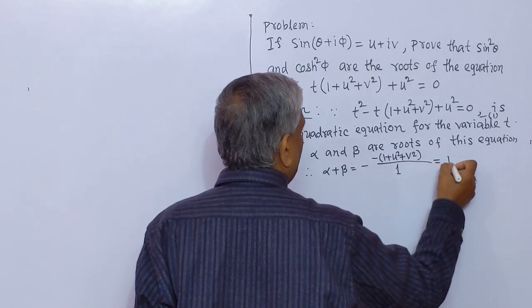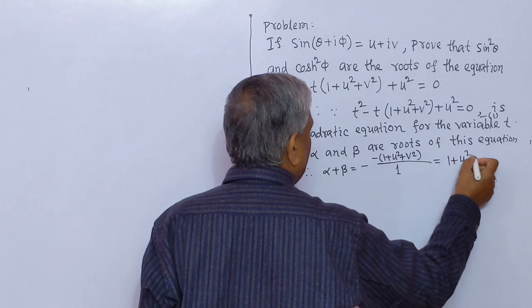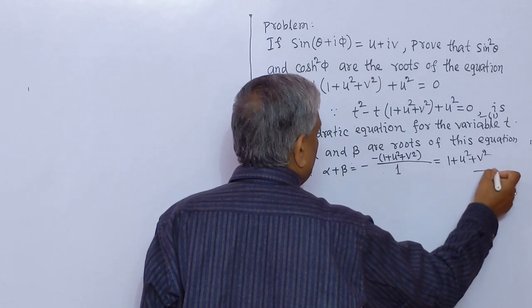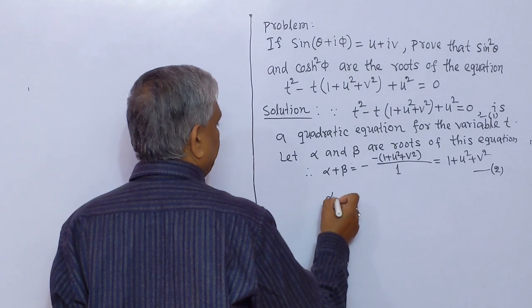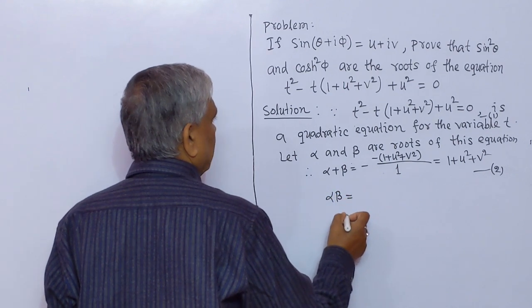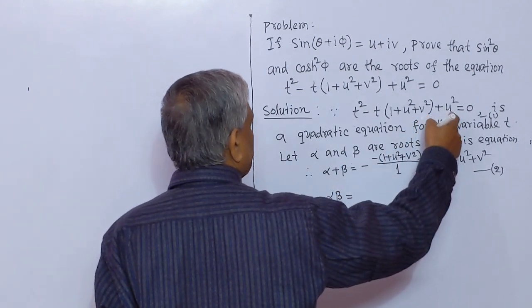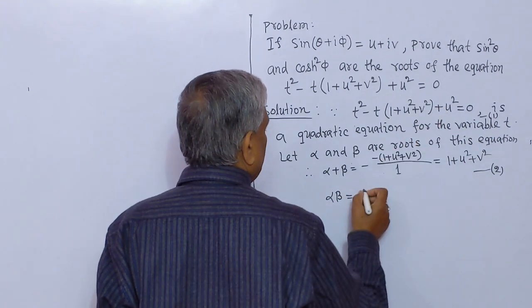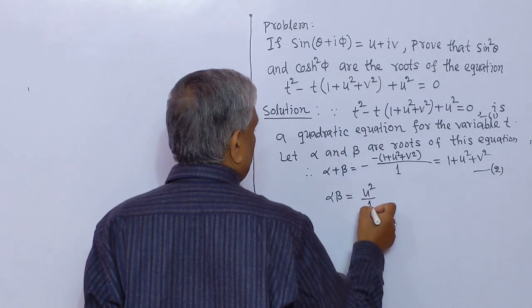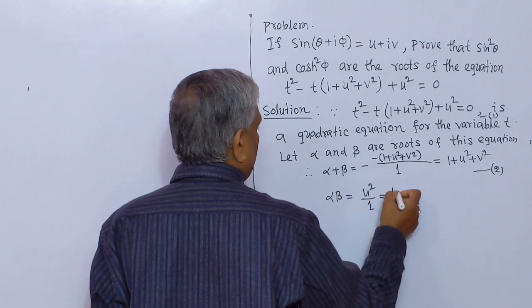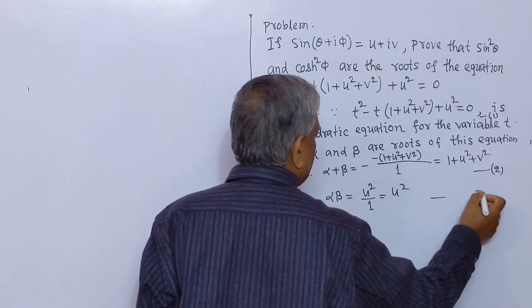So this is 1 plus u squared plus v squared. This is number 2. Alpha beta equals c by a. c is u squared, a is 1, so u squared. This is number 3.